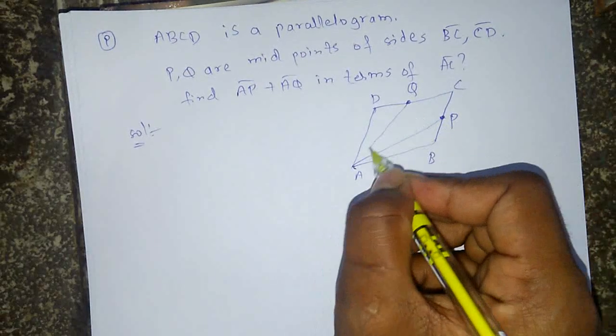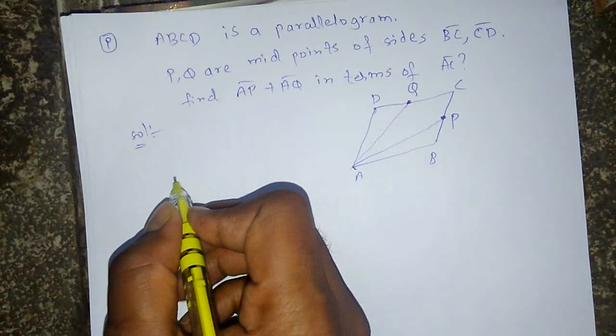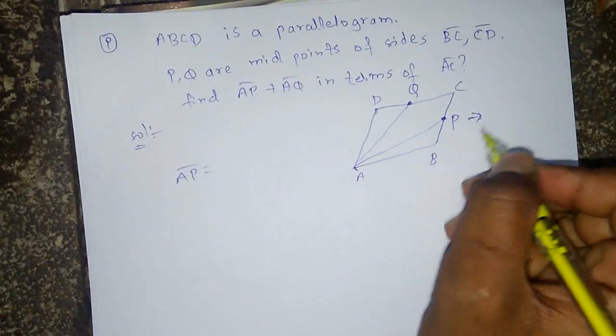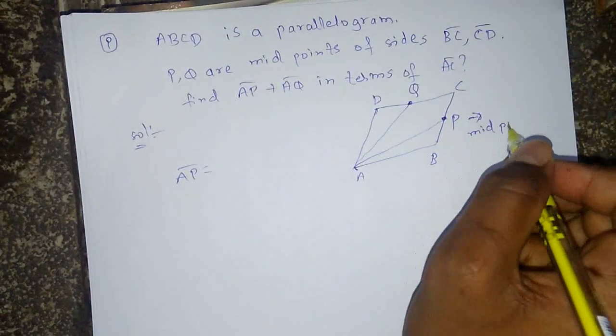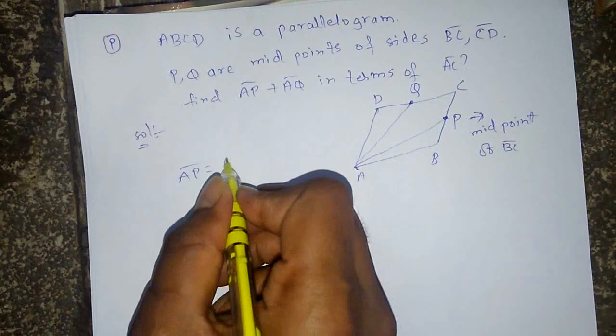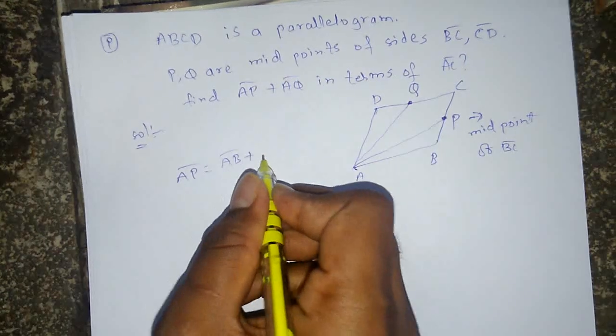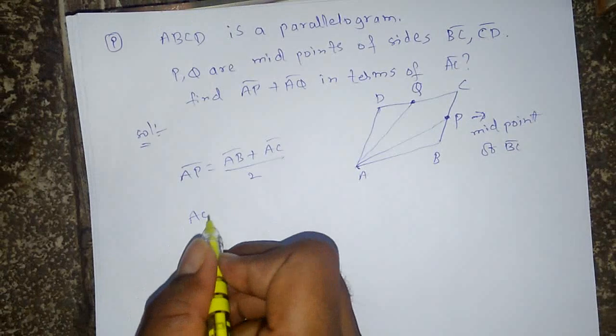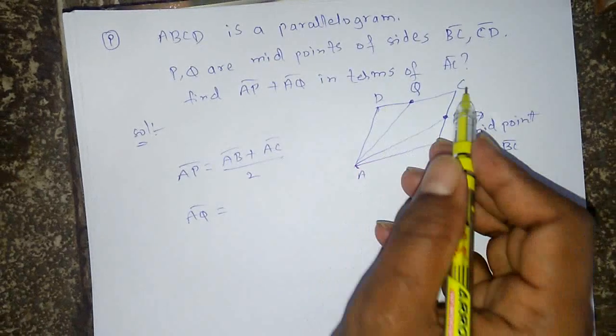Now we need to find AP bar plus AQ bar. So I can write AP bar, since P is the midpoint of BC, as AB bar plus AC bar by 2. Similarly Q is the midpoint of CD.